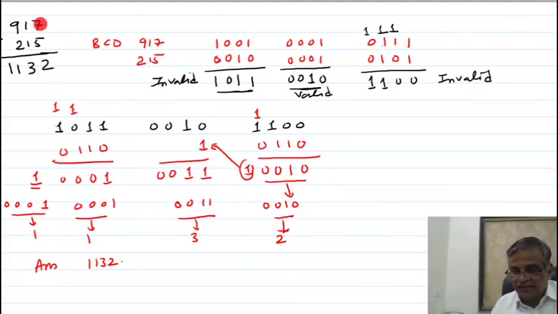See, one decimal requires 4 bit, so 3 decimal digits require 3 multiplied by 4, which means 12 bit binary number. So I have written this; now this is invalid, valid, invalid.